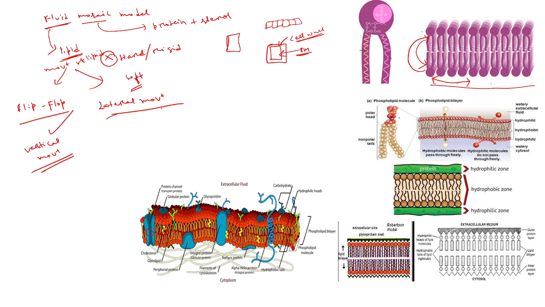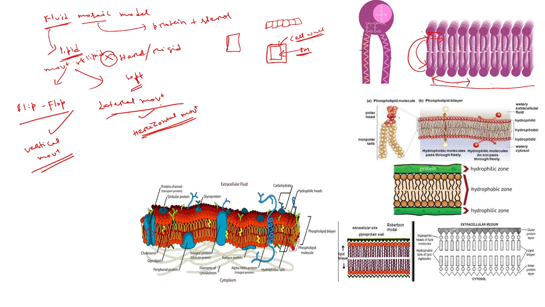What is the lateral movement? That means if this lipid comes to here, and this one comes to here, then it is called the lateral movement or the horizontal movement. So always in the plasma membrane, it is not fixed. They always move around each other.